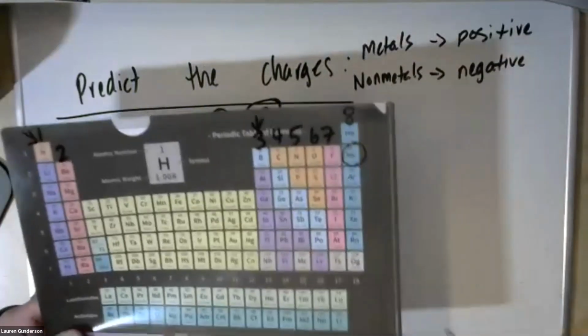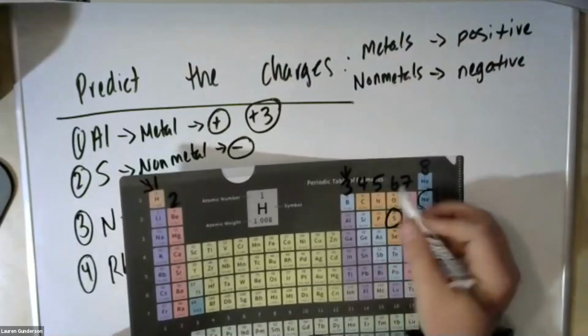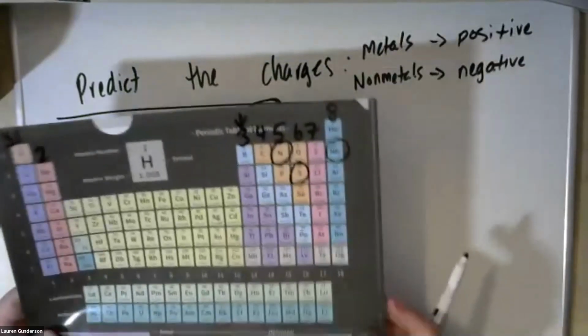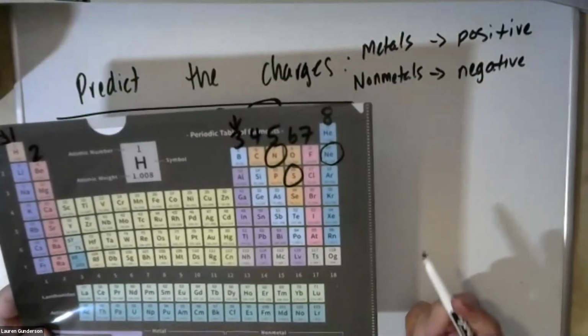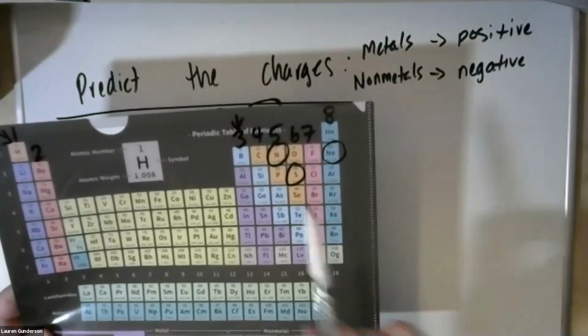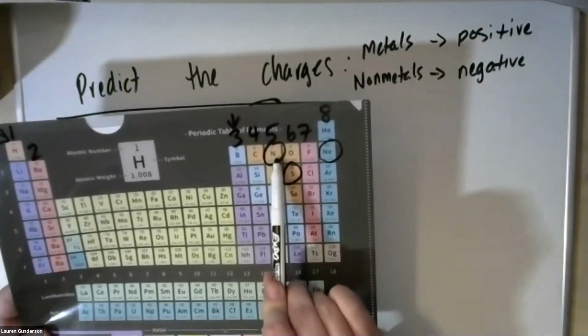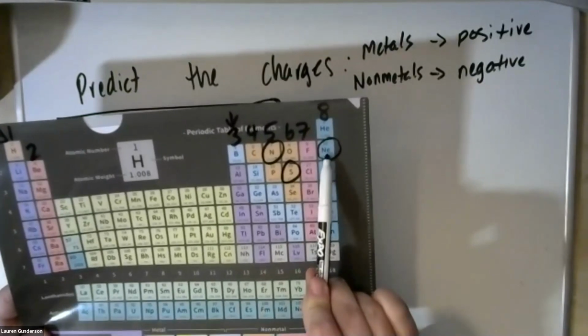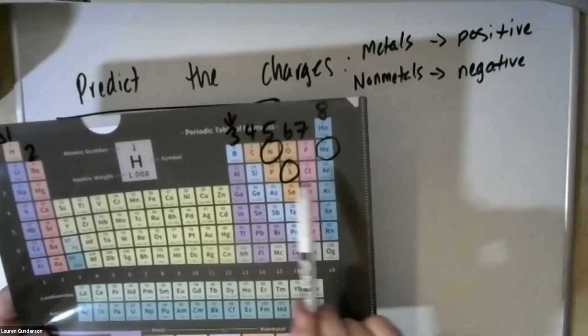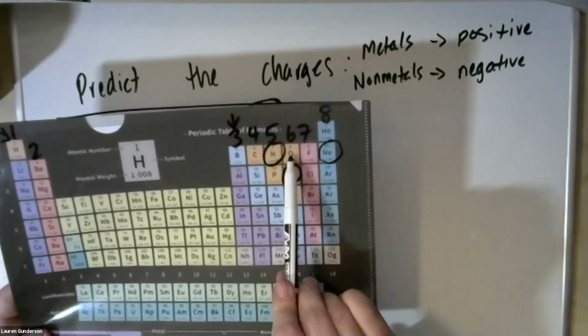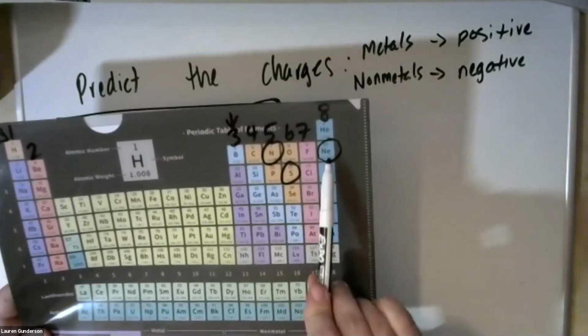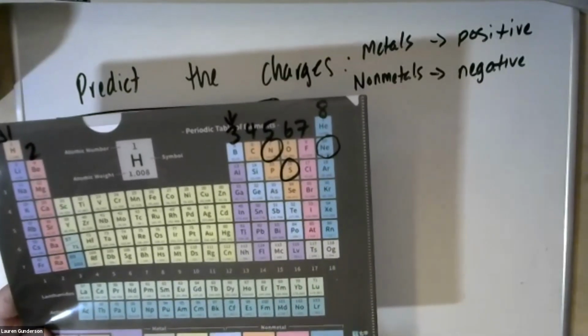Your nonmetals, and again, we're focusing in on the sulfur and the nitrogen here, have to gain electrons in order to fill their valence shell. So they're going to gain as many electrons as they need to mimic their nearest noble gas. Nitrogen is going to try to add electrons to its valence until it has as many electrons as neon.